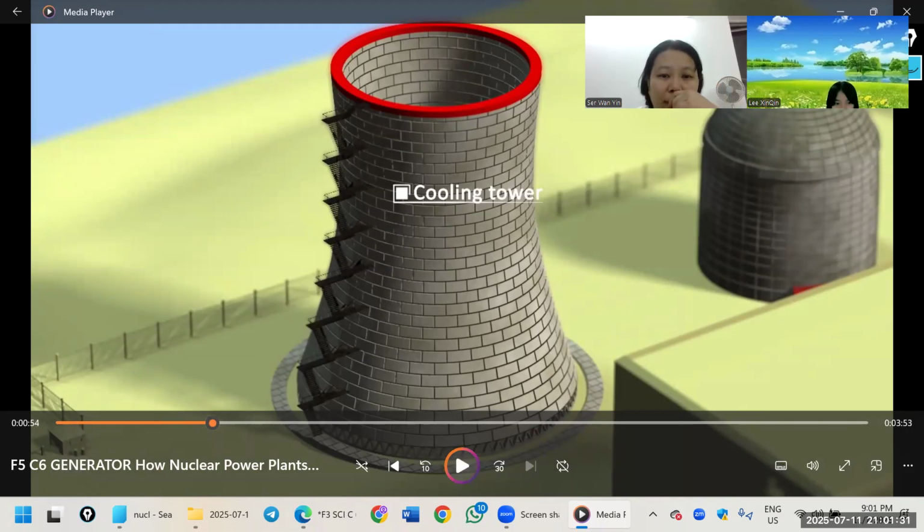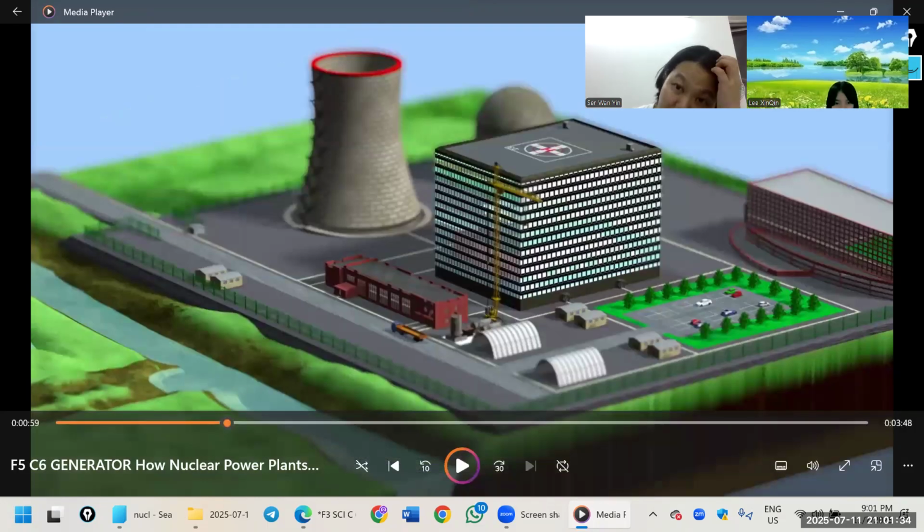By the way, the nuclear power plant is built near the riverside or seaside because they want to use the seawater to cool it down. And later we will discuss Fukushima, where a nuclear power plant cracked before.